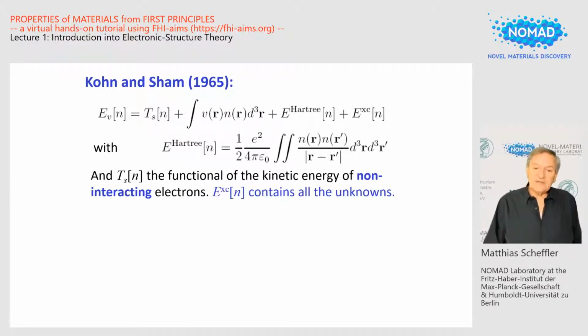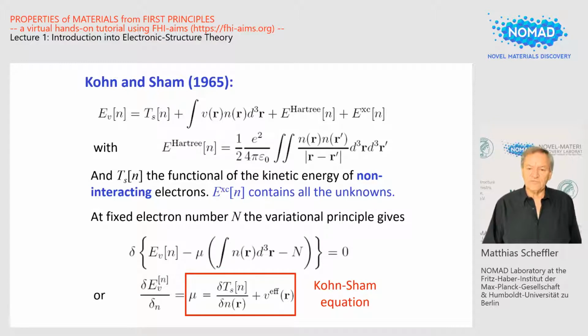At fixed electron number, the variation principle, which we had stated before, implies that the variation of EV of n minus a constraint of the nuclear number, meaning a Lagrange parameter times the integral over the density minus n, should be 0.